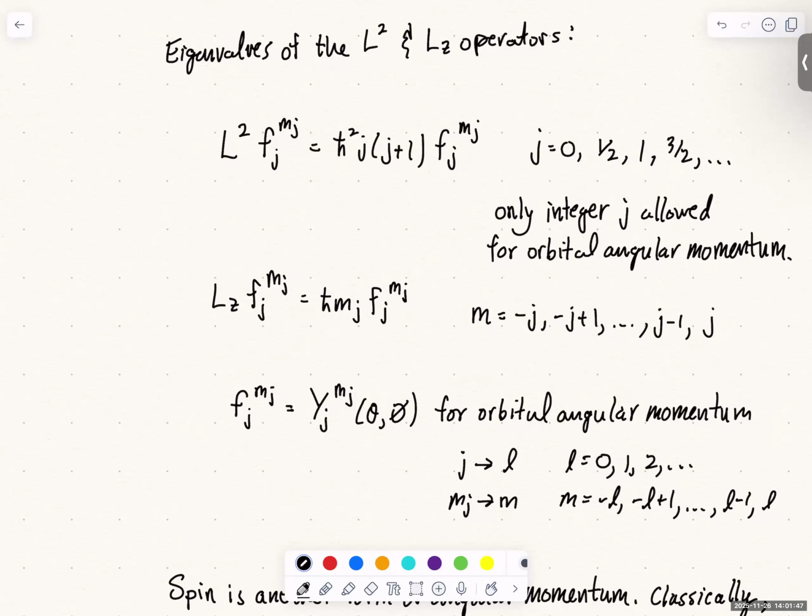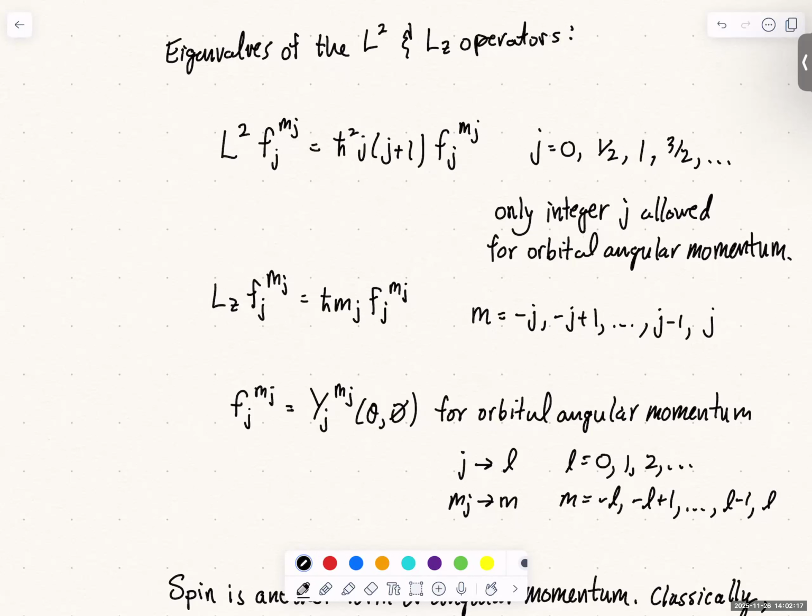We discovered that L squared has eigenvalues h bar squared j times (j plus 1), where j can be integer or half integer. For the orbital angular momentum of the hydrogen atom, only integer values were allowed, so j equals 0, 1, 2, 3, and so on.